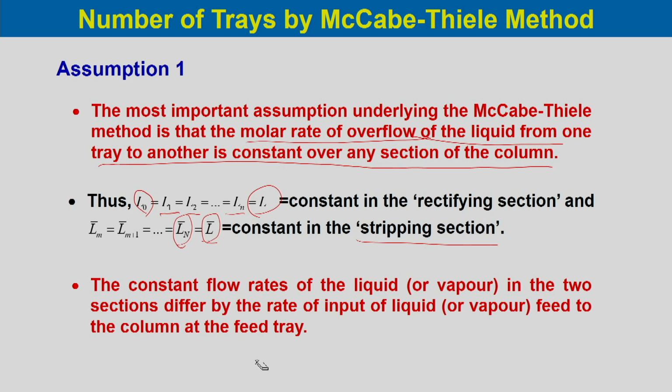The constant flow rate of the liquid or vapor in the two sections differs by the rate of input of liquid or vapor feed to the column at the feed tray. As we have discussed before, depending on the feed condition, whether it is vapor or liquid or a vapor-liquid mixture, the constant flow rates of the liquid and vapor in the two sections will change.